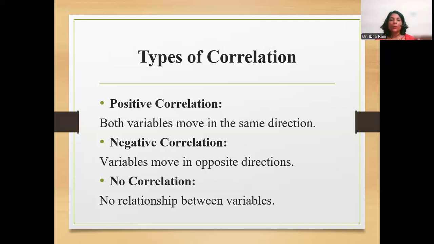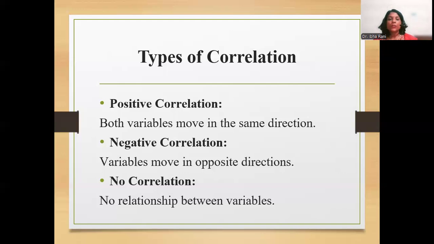That talks about the positive correlation. Both variables are increasing or decreasing, it can be vice versa. So positive correlation is when both the variables move in the same direction. One will increase, the other will also increase. One will decrease, the other will also decrease. That is known as positive correlation.